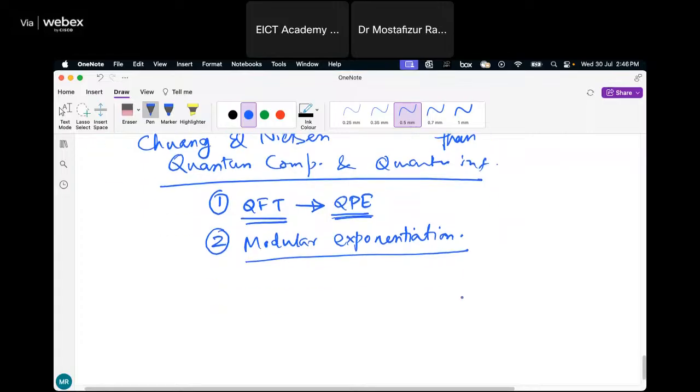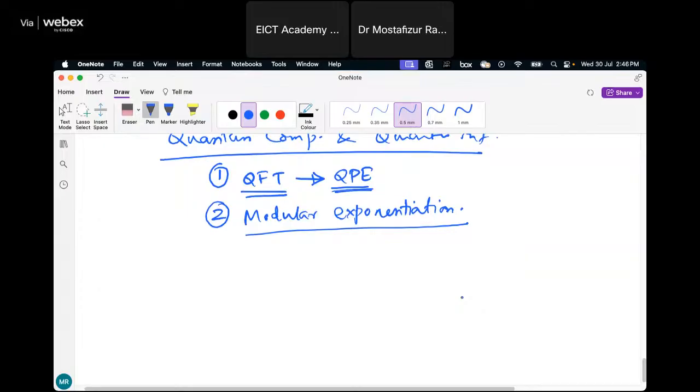So the problem becomes factoring, the problem of prime factorization. There are two things. One, we were looking at period finding, right? And now we are talking about prime number factoring. These are highly related.